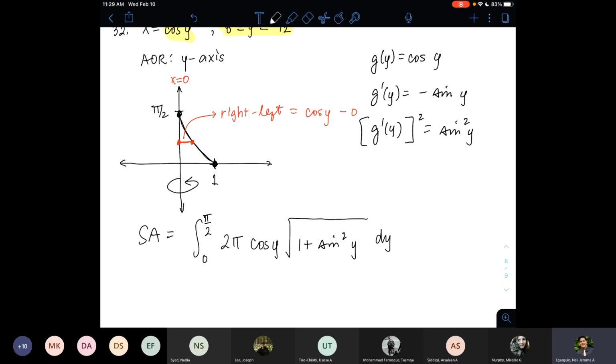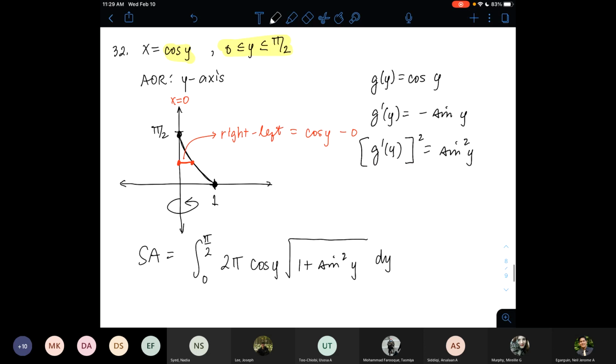Now, unfortunately here, I was hoping that something would cancel out, but it seems to not be the case. Why don't you use the rule of sine squared plus cosine squared equals 1 for the inside, 1 plus sine squared y?